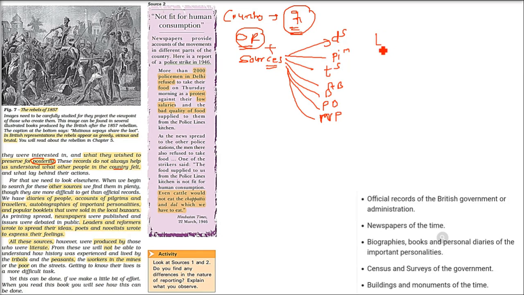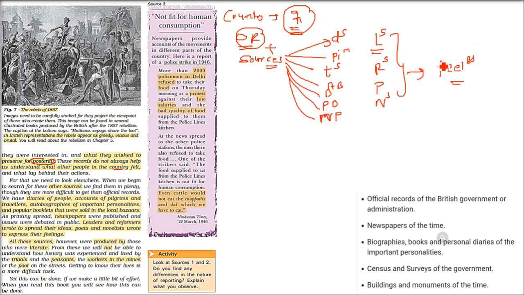Let me tell you about leaders and reformers first. The leaders and the reformers, the netas and the samaj sudharaks, also wrote their ideas because they wanted to spread them. The poets would write their poems, the novelists would write their stories. They wanted to show their feelings and express their thoughts.